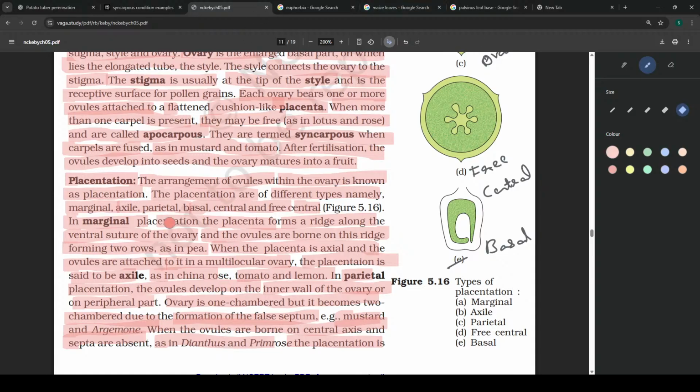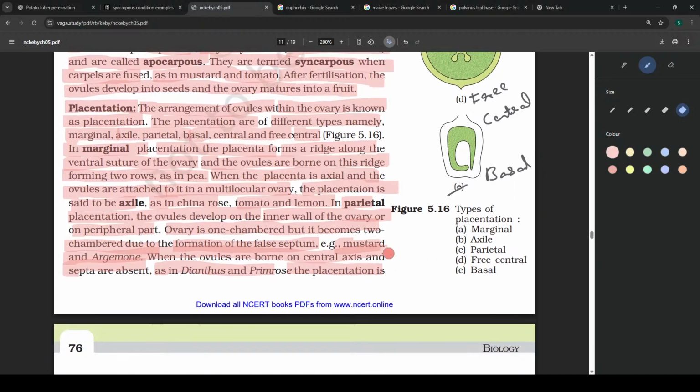Examples are important to remember. Marginal, in case of pea, marginal placentation. Axial, we see in citrus fruits such as orange, or China rose, lemon as well. In parietal placentation, the inner wall of the ovary, the peripheral part; the ovary is actually one chambered, but it becomes two chambered due to a false septum.